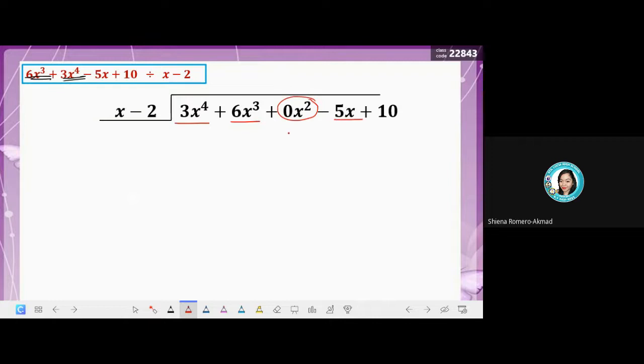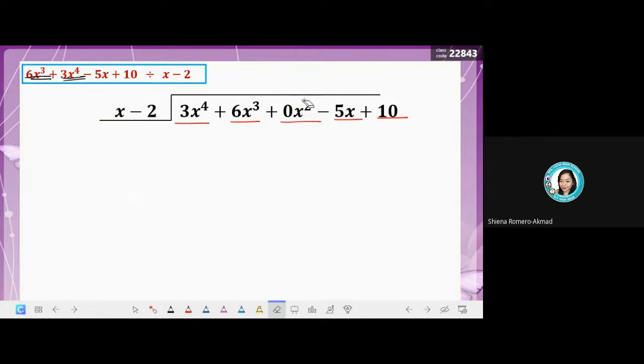And ang sumunod na sa kanya ay negative 5x plus 10. So, if you arrange, makikita nyo may nawawala ba o wala. Diba? Pag nag-arrange ka, makikita mo if there is a missing term or none. So, dahil walang x squared, nilagyan natin dyan ng space.